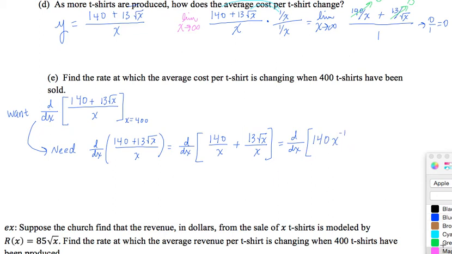For the second term, you can think of the x in the denominator as being root x times root x. The reason you do that is because two of them cancel. So you're left with 13 over root x, which is the same as 13 x to the negative 1/2.